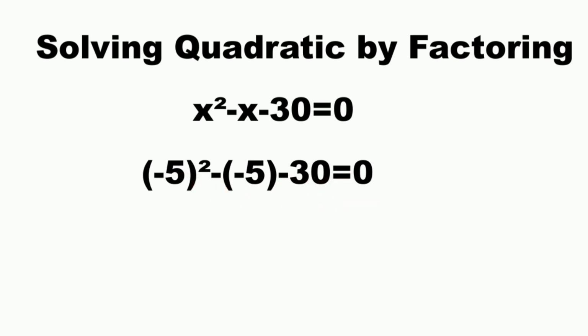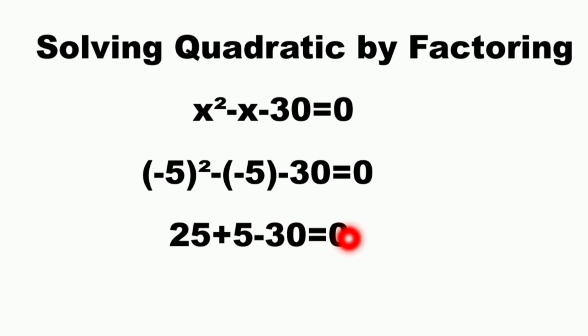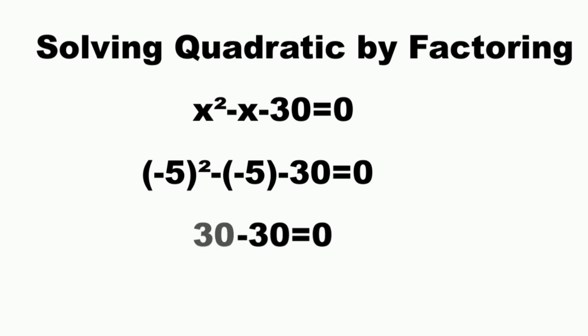This is positive 25 plus 5, since minus minus becomes plus, minus 30 equals 0. 25 plus 5 is 30, minus 30 is equal to 0 equals 0. You can also try the positive 6. It will yield the same result.